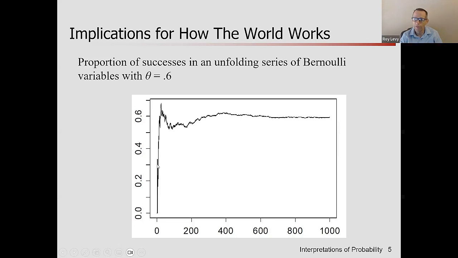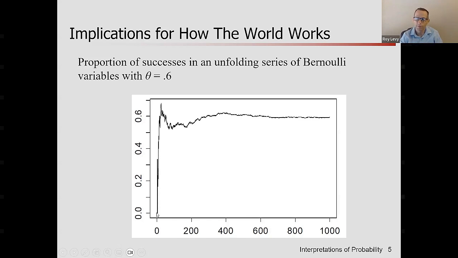And then the second flip of the coin was a heads, and then tails, and then heads, and so on. And you can see, at a few flips of the coin, 50 flips, 100 flips, 200 flips, all the way up to 1,000 flips of the coin, what is the proportion of heads after a certain number of flips?